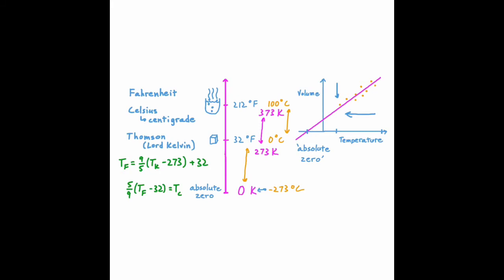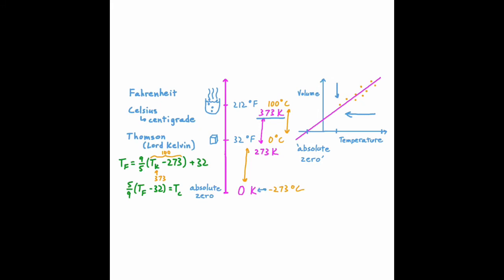Let's test this equation to see if it agrees with what we already know. The temperature at which water boils on the Kelvin scale is 373. So if we substitute 373 in for T sub K, as usual leaving off the units as we do a conversion calculation, then when we subtract 273 from that, the result will be 100. That's what will remain in the parentheses.